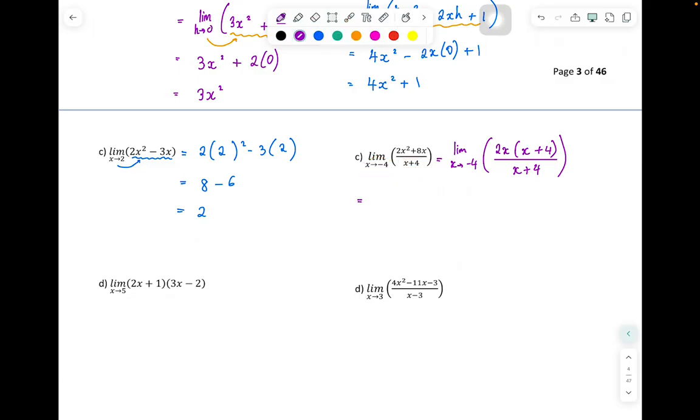However, if we simplify this first, you can see the x plus 4 in the denominator and the numerator will cancel out, and you'll end up with a simplified expression of 2x. Once you have that, then you can apply the limit into the brackets, and you end up with a value of -8.